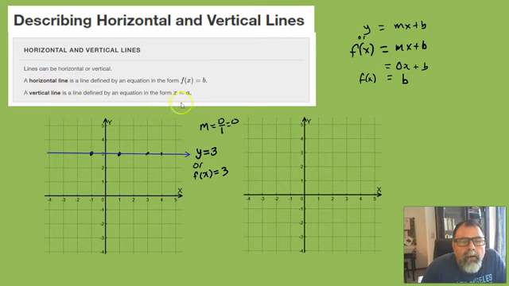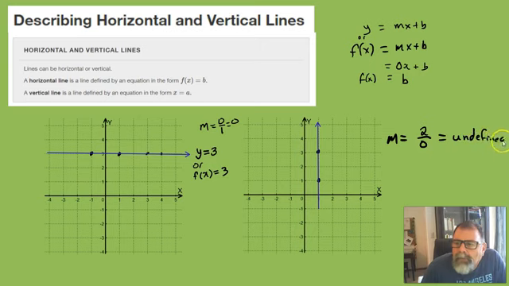Now for a vertical line, it's simply x equals a. So if I had a vertical line, like say, let's go through these points, (1, 1) and (1, 3), what's going to happen when I try to do the slope between those two points? m is going to be, if the rise is 2, the run is going to be 0, and that's undefined.